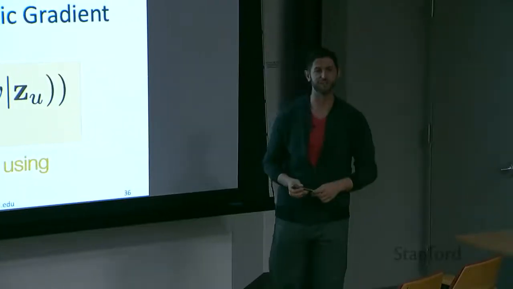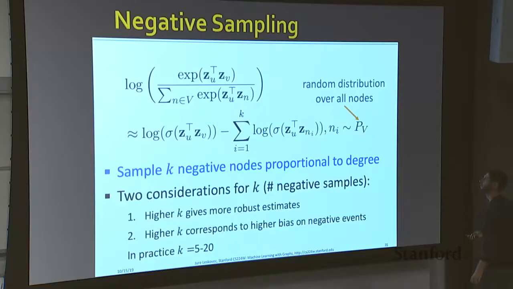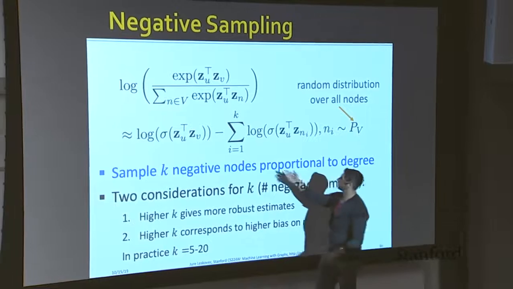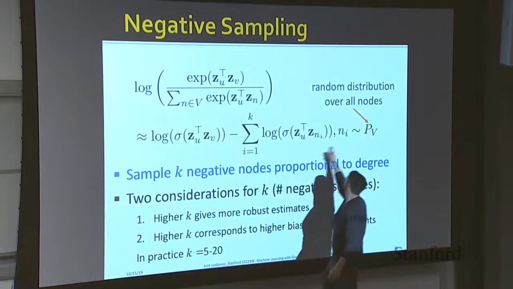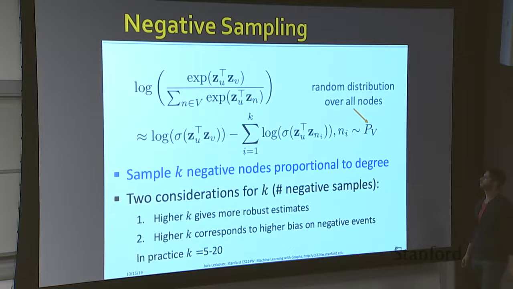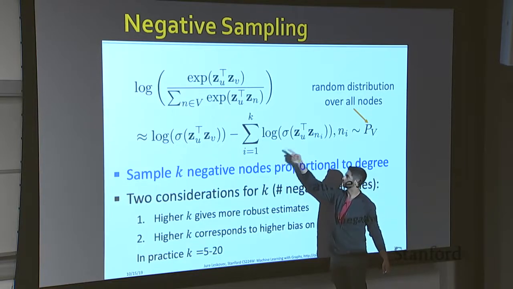Question from back there: can you go back to the previous slide real quick? Would we see some benefit if we subtracted the average of that summation versus the summation directly? Talking about this one? Yeah, if we made that an average over all random nodes. What do you think would be the benefit if, instead of this summation, we take the average?